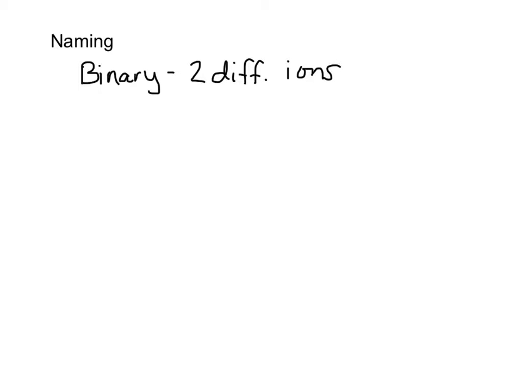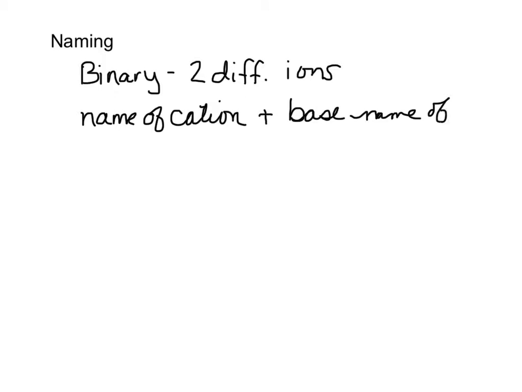When you name that, you take the name of the cation, or the positive ion, and you write that first, and then you're going to write the base name of the anion with the ending -ide.